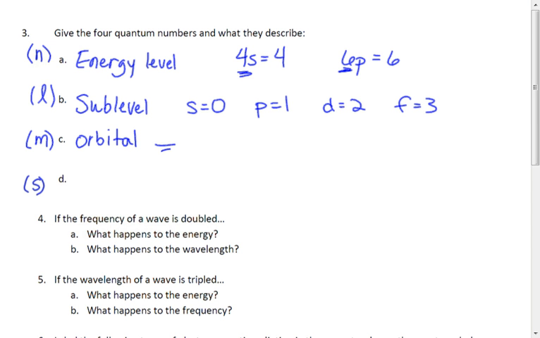So if I have an S sublevel here, then that middle value is going to be 0. If I have P, the middle position is still 0, and it's like on a number line. If I go to the left a spot, that number is going to be a negative 1. If I go to the right a spot, it's going to be a positive 1. If I have D, the middle is still 0.